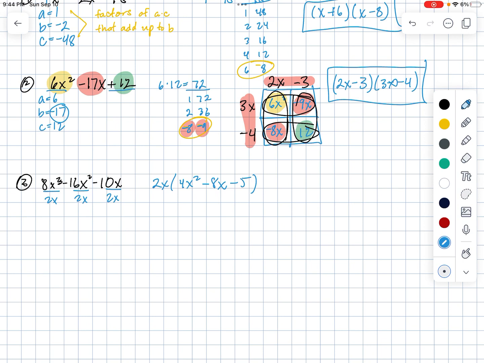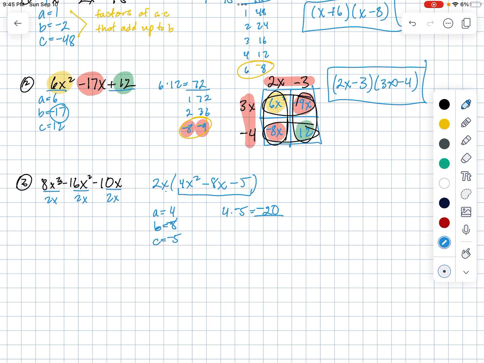And now we continue using what we had done previously. Identify A, B, and C. The 2x stays up front, so we're only looking at the quadratic inside. So A is 4, B is negative 8, C is negative 5. We want factors of AC that add up to B, so 4 times negative 5 is negative 20.